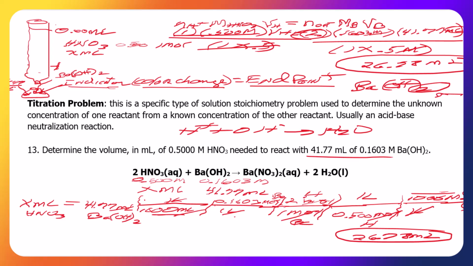The reason I have a 1 here next to the 0.5 is because every nitric acid has only 1 mole of hydrogen ion to donate. The reason that I have a coefficient of 2 for nitric acid is because there are 2 hydroxide ions. But please don't confuse the mole-to-mole ratio with the reason for the 2 and the 1 in the equivalence method.